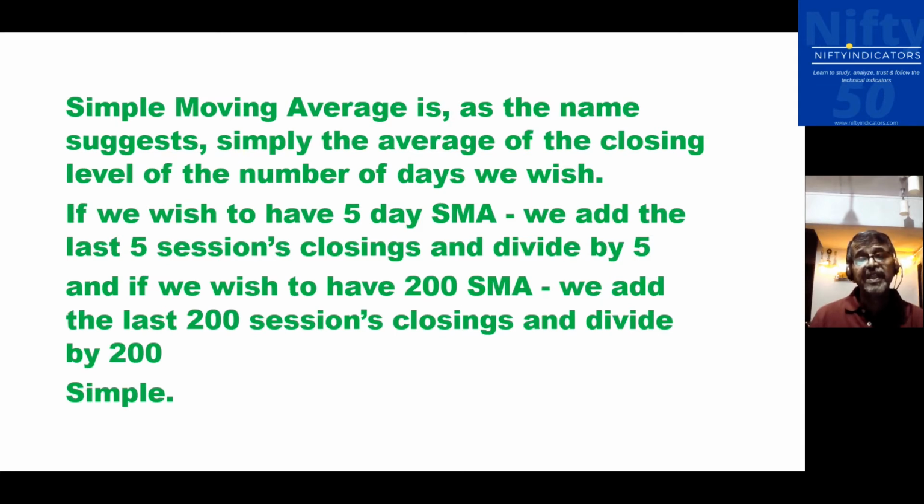We get the average. That is a simple moving average. If you want to find out the 100-day simple moving average, then take the total of the last 100 days' closings, sum it up, and divide it by 100. We get the 100-day SMA. As simple as that.